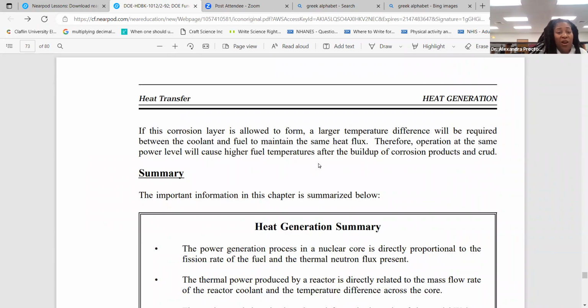And so if the corrosion layer is allowed to form, a larger temperature difference will be required between the coolant and the fuel to maintain that same heat flux. Therefore, operation at the same power level will cause higher fuel temperatures after the buildup of the corrosion products and crud. So take a moment to notate any formulas on your summary sheet here.